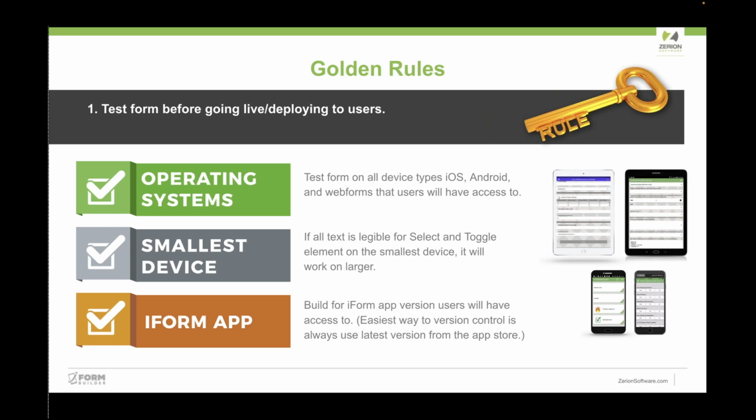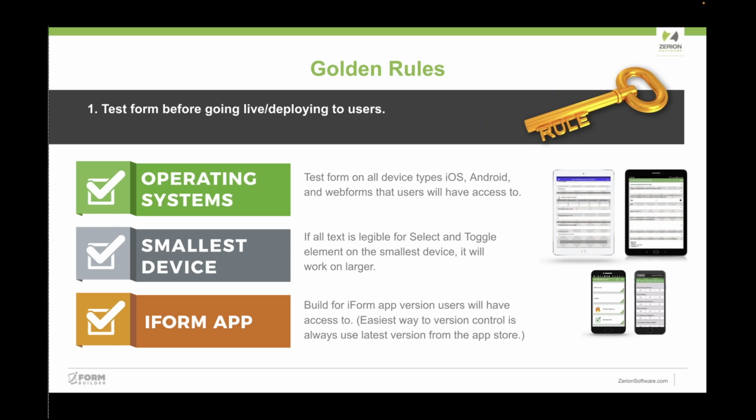So one of our suggestions is to make sure that all your end users are always downloading the most recent version of the iForm app, and that helps you make sure you're testing on the same thing that they have access to. Another way to help with this is for your company or your organization to purchase the iForm white label. So a white label allows you basically to take the iForm app and put your own branding on it.